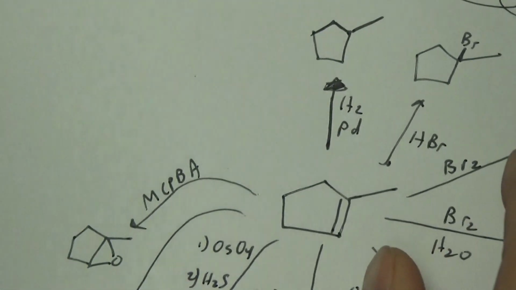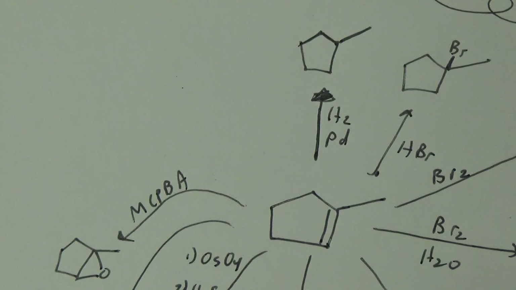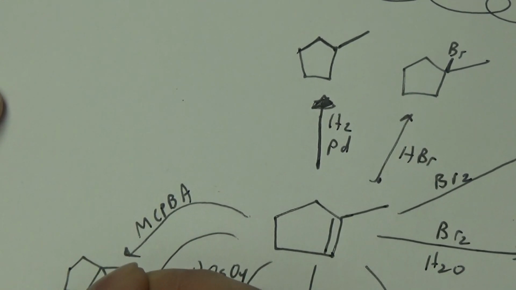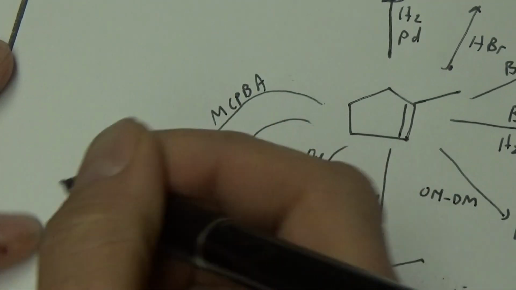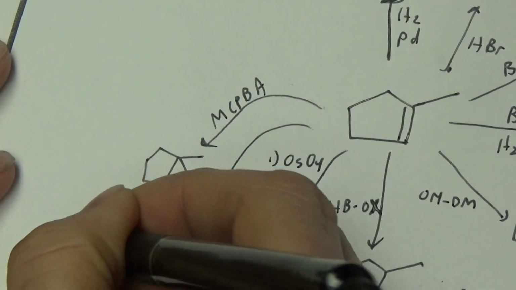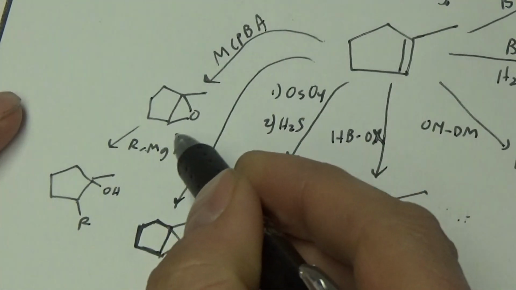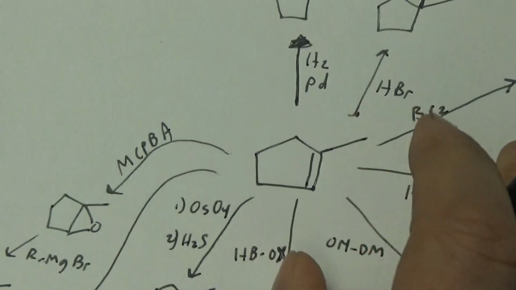Anything else? Oh yeah, and of course from epoxides you can do Grignard opening, MgBr, all that kind of stuff. Remember that from chapter 9? Right, the Grignard attacks from the least hindered side and opens up the epoxide.